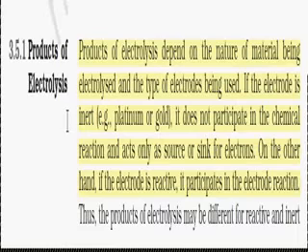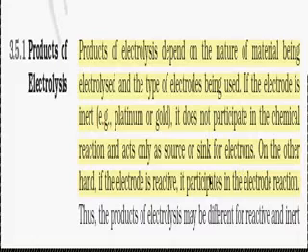Products of electrolysis. Products of electrolysis depend on the nature of the material being electrolyzed and the type of electrodes being used. If the electrode is inert, for example platinum or gold, it does not take part in the chemical reaction and acts only as a source or sink for electrons.